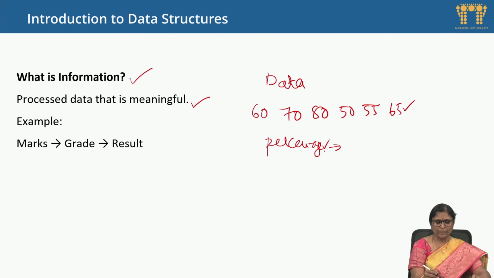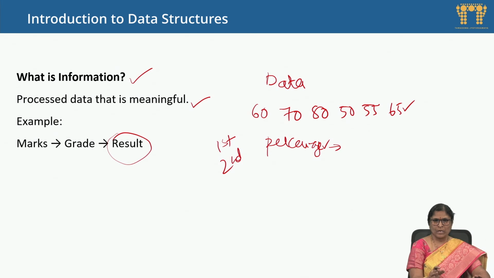And after calculating the percentage, you can even generate the result, whether he belongs to the first division, second division or third division. So we conclude that data is a collection of things and facts.